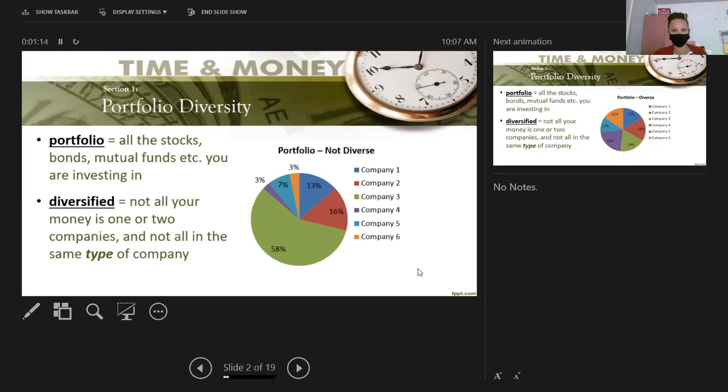So this portfolio is not diverse because, as you can see, company number 3 is a big portion of this portfolio. This is diverse. You can see it's just more evenly spread out.